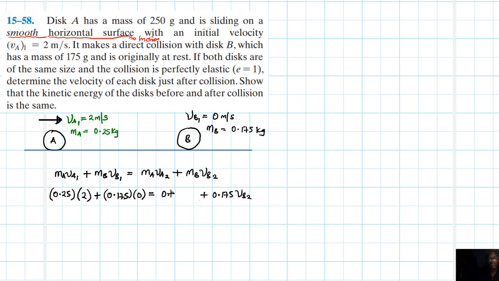So this becomes 0.50, equal to 0.25 VA2 plus 0.175 VB2. So we do have one equation.